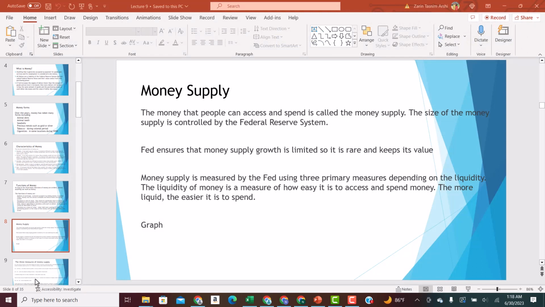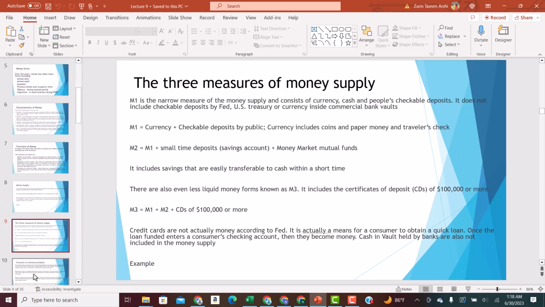So as we were saying, money supply is measured by the Fed using three measures of liquidity. That's what we're going to look into right now. The three measures of liquidity are M1, M2, and M3. M1 is the most liquid form of money supply.